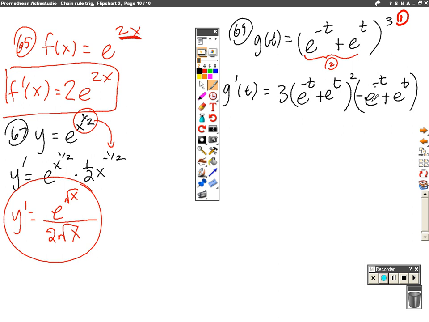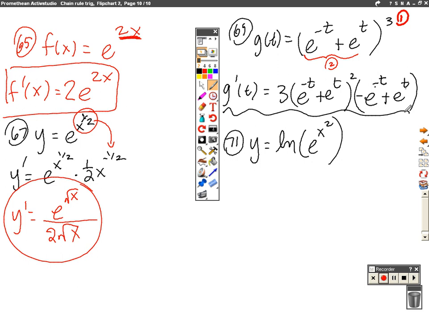Number 71. In number 71, we have y equal to ln of e to the x squared. And when you're looking at this problem, you should be thinking, we don't know how to find the derivative of ln's yet, but you apply a little bit of algebra here.